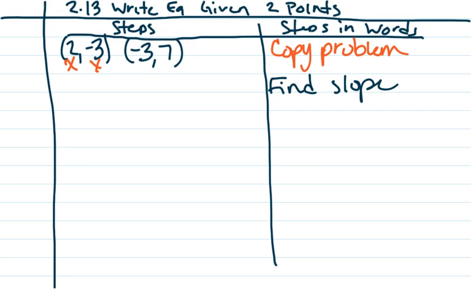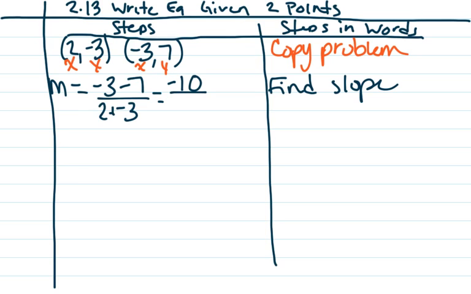This is our x, y. So we get m equals, our y is negative 3 minus 7 over our x, which is 2 minus a negative 3. Negative 3 minus 7 becomes negative 10 over, we got to keep, change, and we get 5. Negative 10 divided by 5 is negative 2.